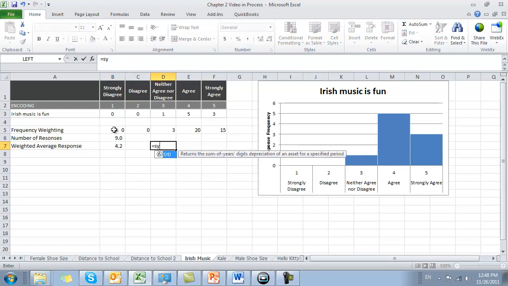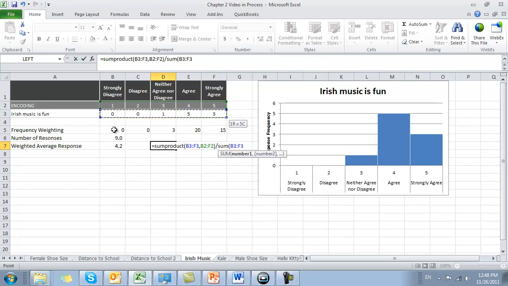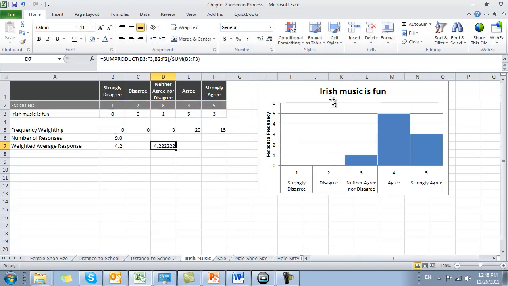So I took the sum of the product of my frequency weightings and the meaning of those responses, the 1 to 5 scale, divided by the sum of the frequency of responses, and there's my 4.2.